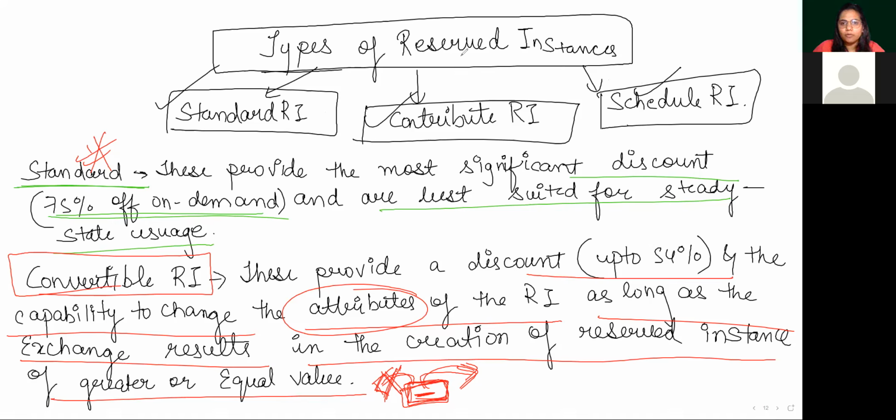You have already taken this EC2 instance as a reserved instance and set some attributes, say I want 100 GB of RAM. But convertible gives you an option that you can change this configuration, only this much. That's what they mean by convertible. Getting it? Increase the value. Yeah, okay, got it.